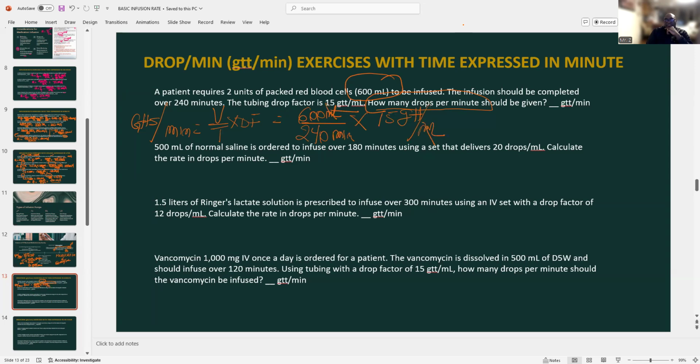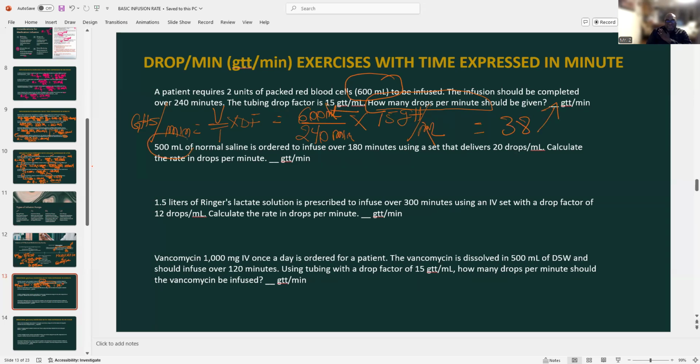The only thing left is going to be drops per minute. So you will do 600 times 15 divided by 240. You got 37.5. You will round it up to 38. All right, so that's drops per minute.